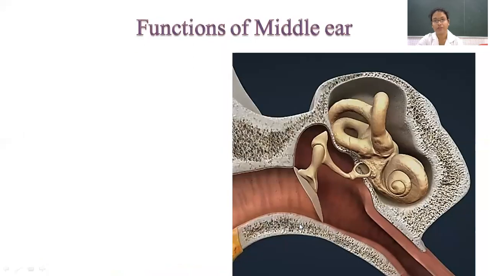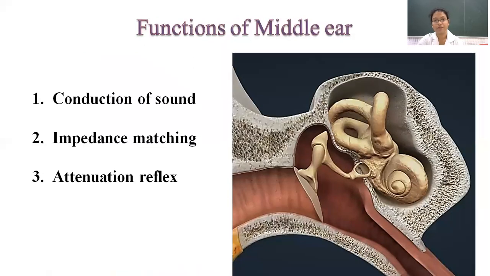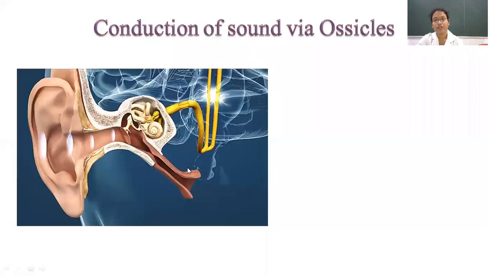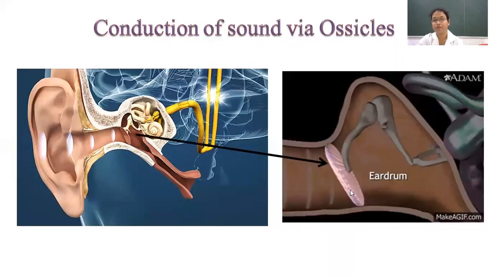Now, coming to the functions of the middle ear. There are three important functions of the middle ear. First is conduction of the sound wave from the external environment towards the cochlea. To do this, we have to do impedance matching and the attenuation reflex. Now, conduction of the sound wave. Once the sound strikes the tympanic membrane, this is what happens.